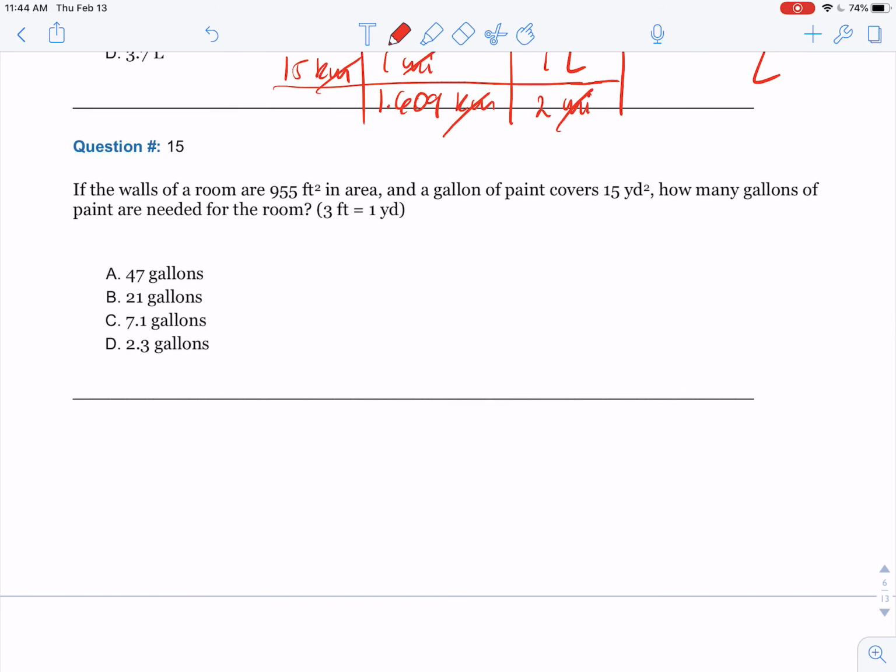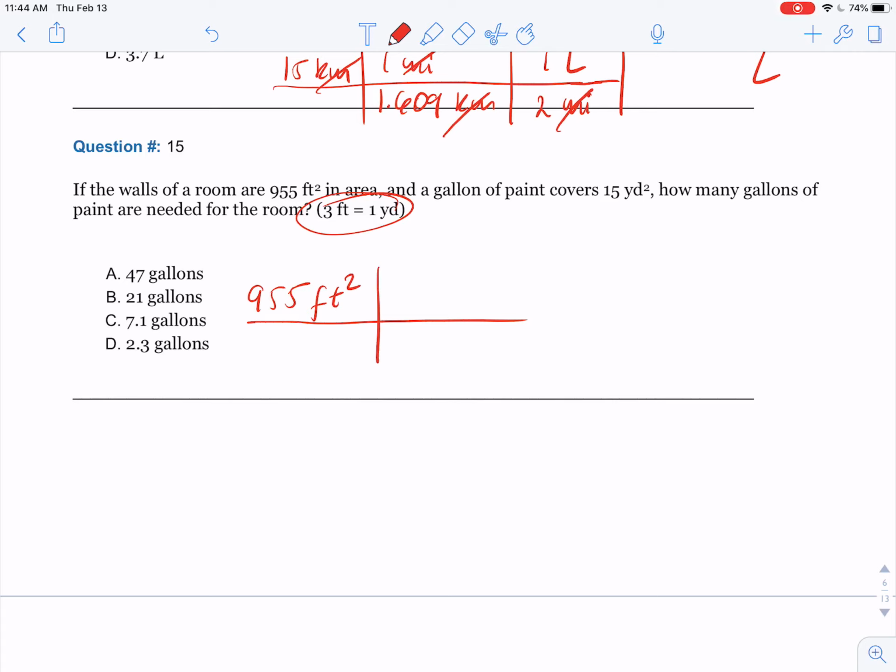If the walls of the room are 955 square feet and a gallon of paint covers 15 square yards, how many gallons are needed to paint the room? Okay, there is the conversion factor that you have here. You usually start with a unit that is not a ratio, so we actually start with 955 square feet.